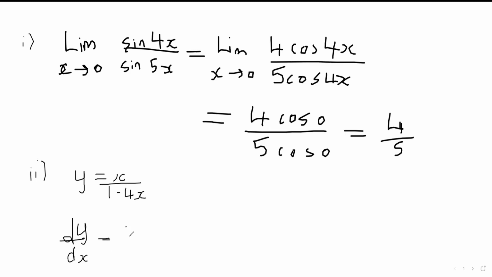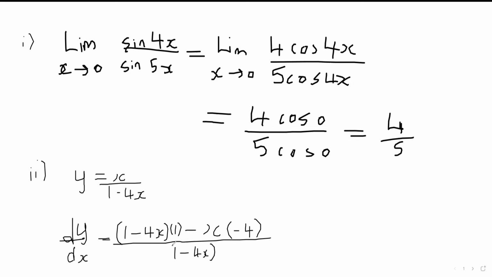It's going to be 1 minus 4x multiplied by the derivative of the top, which is 1, minus the top, which is x, times the derivative of the bottom, which is negative 4, over the bottom squared, which is 1 minus 4x all squared. So that would be dy by dx.